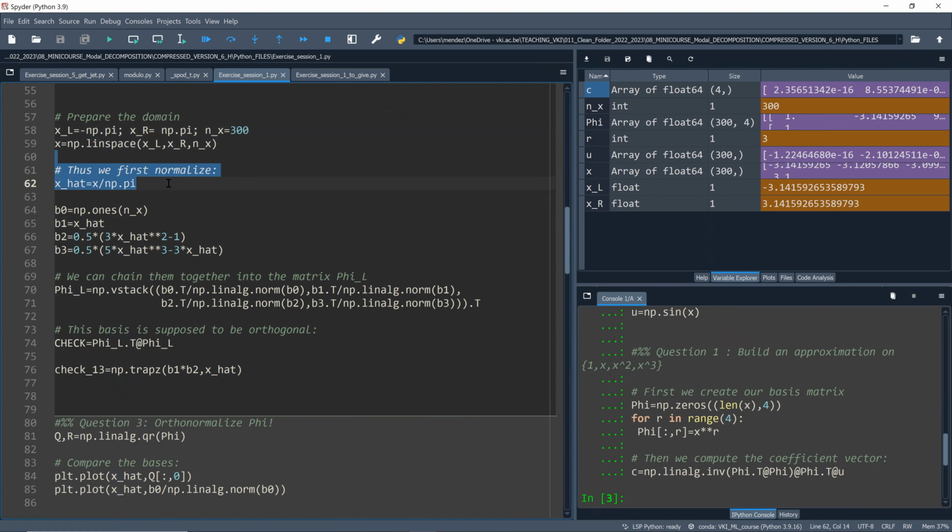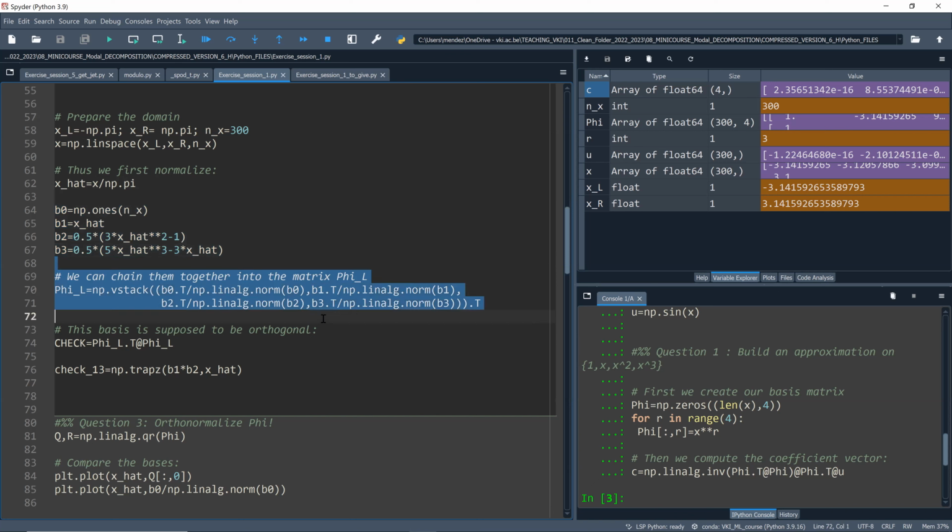Then I do x divided by pi, because I want my domain to be between -1 and 1. Otherwise, there's really no hope at all. Then I define my 3 basis vectors. The first is a vector of 1s, then x, then 0.5 times 3x squared minus 1, copied from the table.